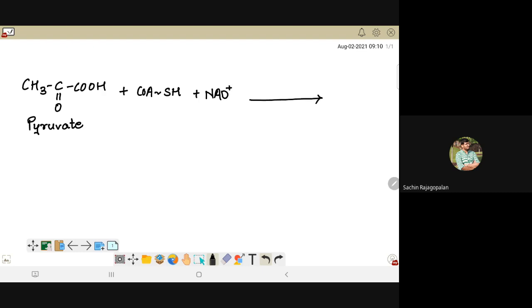We have already discussed that there is one cofactor, which is magnesium ions. There is going to be lipoic acid being involved, TPP being involved, FAD being involved. So all my coenzymes I have written over here. CoASH, NAD plus, lipoic acid, TPP, FAD. 5 coenzymes, Mg2 plus being my cofactor, right?